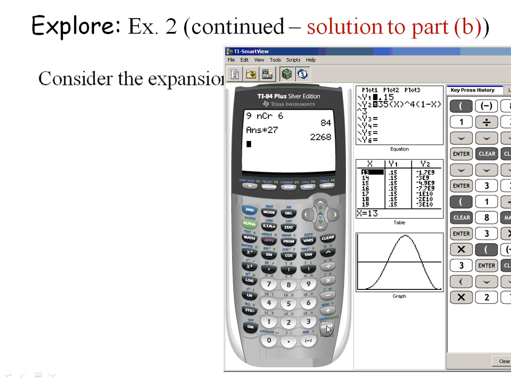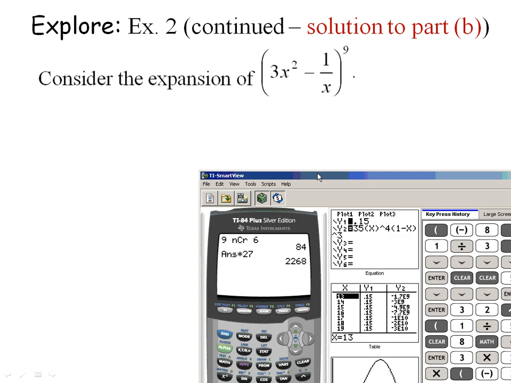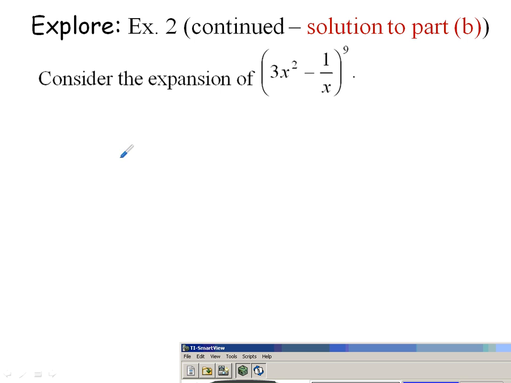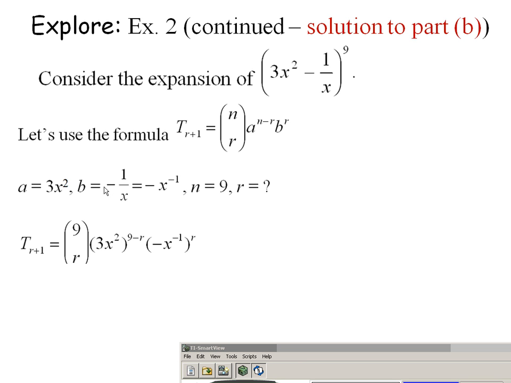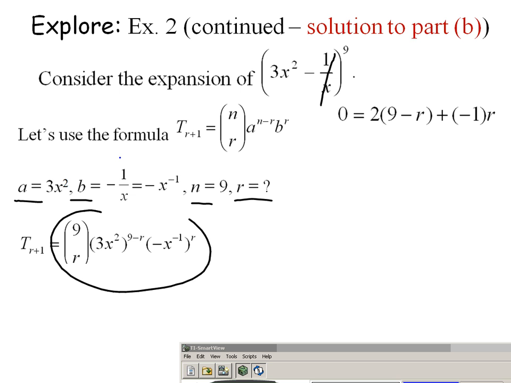Again, what did I do on this problem? Well, we can recap it all for you right here. So we started off identifying what we knew already. We're using this formula, and we figured out what our a term was, our b term, our n, and it's the r that we didn't know. We set up what we knew in the problem.